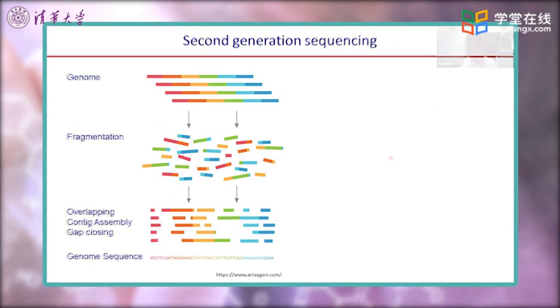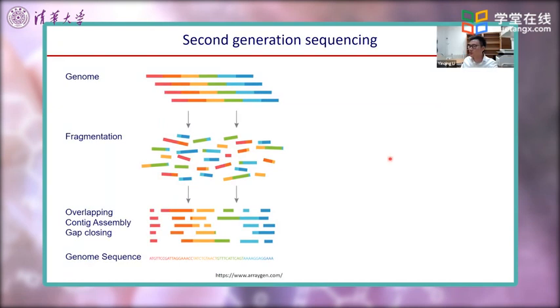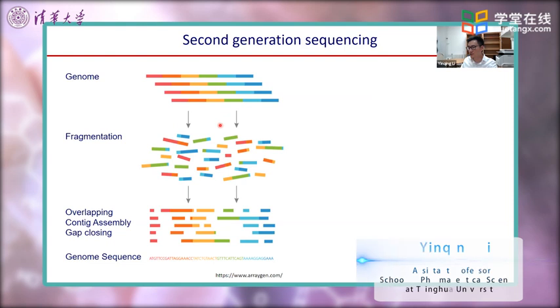To construct its genome, we need to be able to sequence its entire genome. But the viral genome is usually much, much longer than any technology can sequence directly. So one needs to take a different approach, the so-called shotgun approach or shotgun sequencing. Instead of sequencing the entire genome at once, we can break the genome into small pieces.